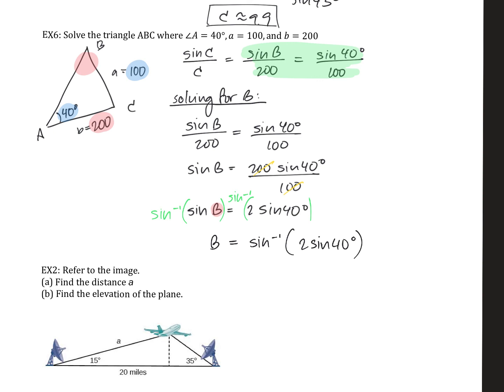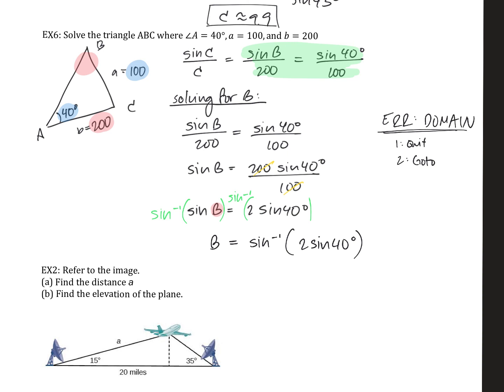Okay, we'll go ahead and plug that into our calculator, and then, oh no, if you plug that into your calculator, you are going to get this on your calculator. It says error, domain, and then it'll have 1, quit, 2, go to. Okay, we have an error domain. What does that mean?